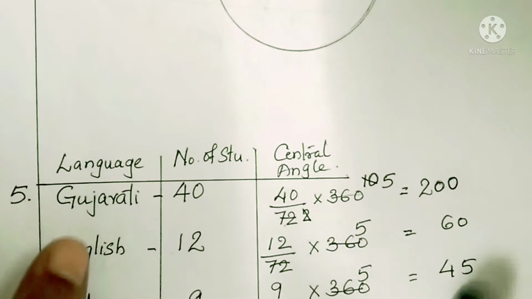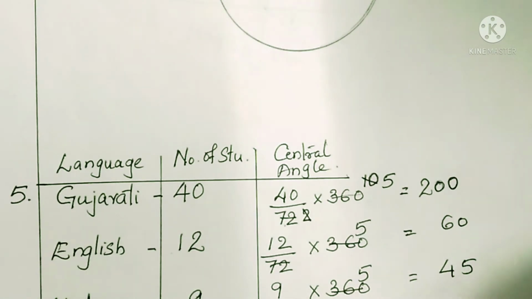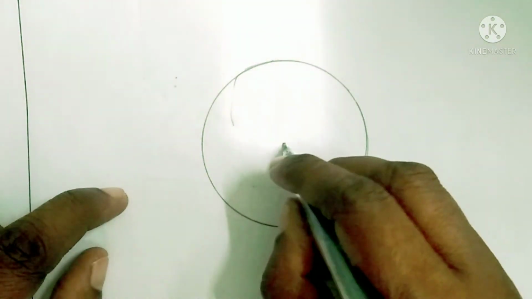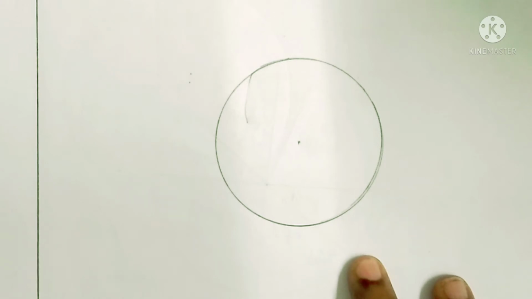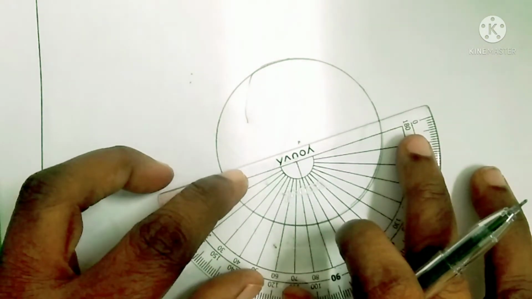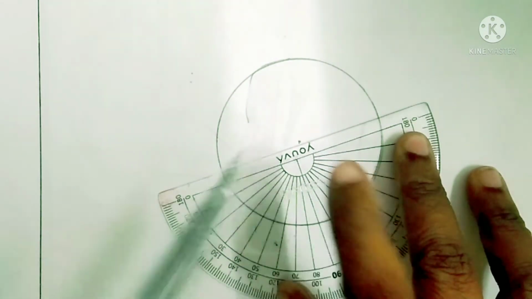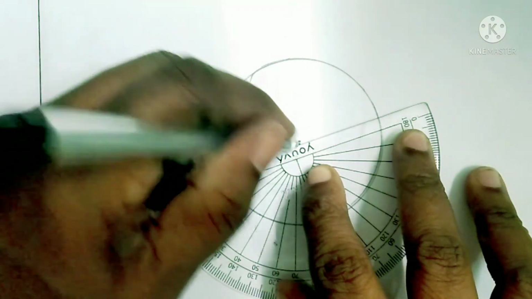Now using the protractor, using the pair of compass, first we will draw a circle. So the circle is kept ready for you, and then mark the center, and then using the scale or even pair of compass you can draw any one radius.